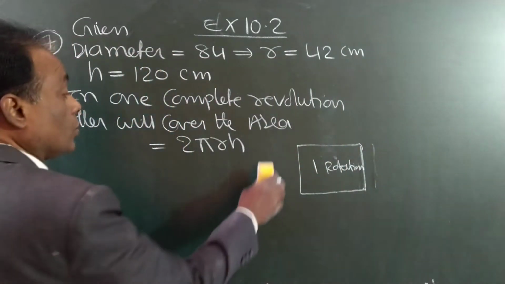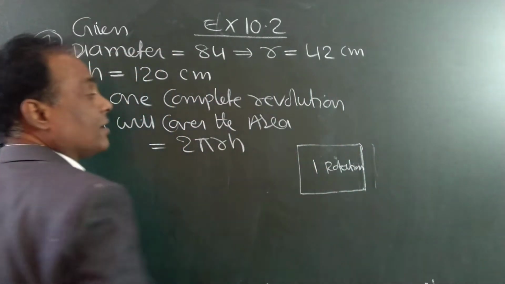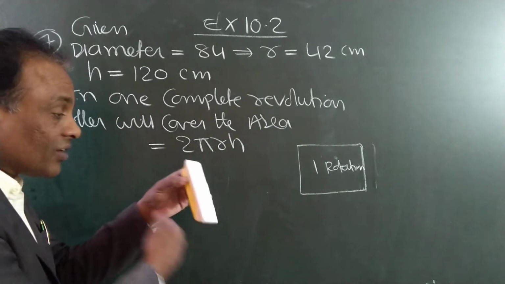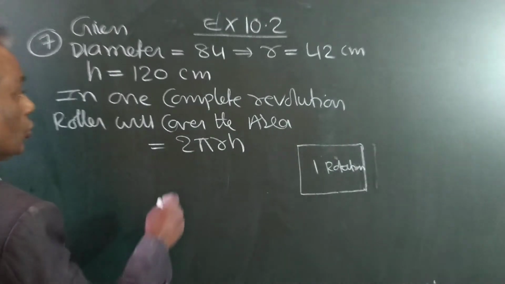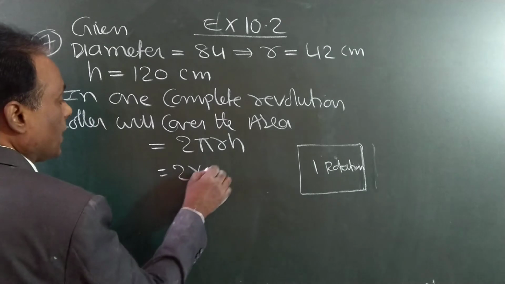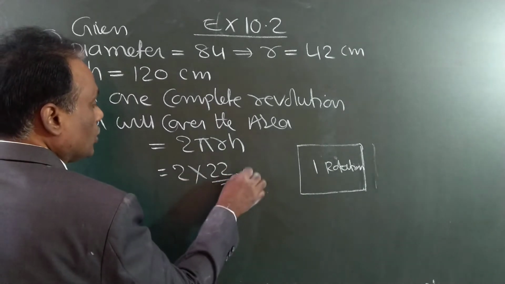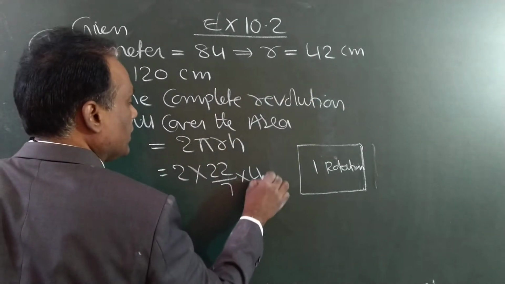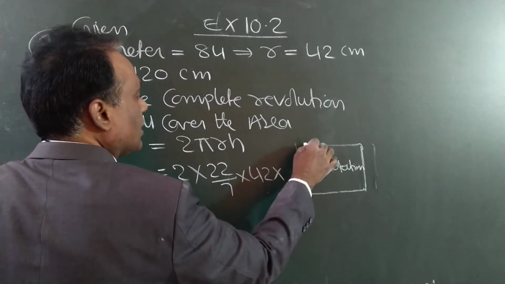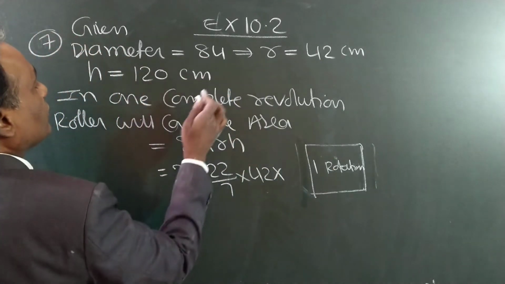So when it is rotated one time, it will cover the curved surface area, which is 2 pi RH. 2 into pi, which is 22 by 7, into R, which is 42, into H, which is 120.